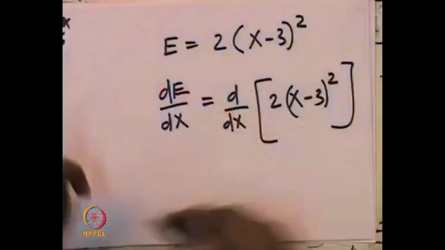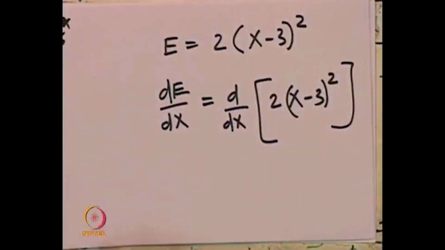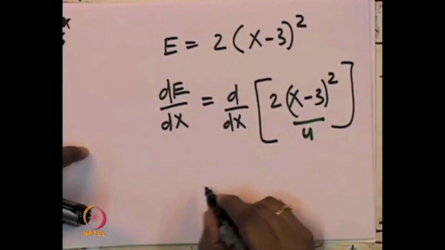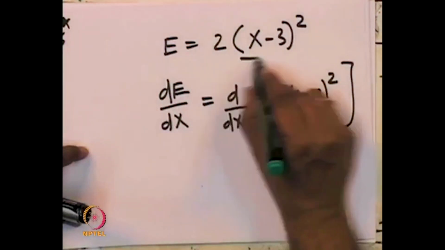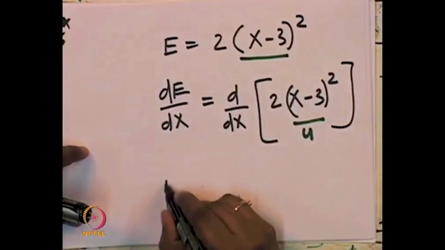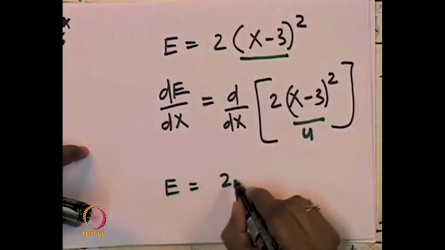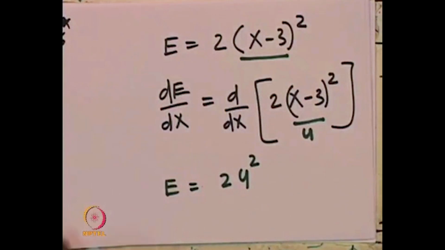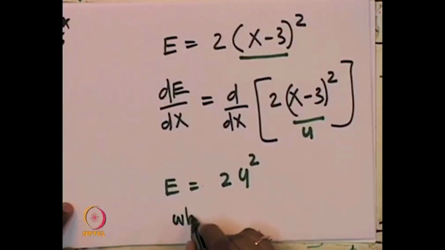The simplest idea to take the derivative of such a thing, if we don't know this particular form, is to make it into a form that we know. So let us look at this again. If you take this x minus 3 as some u, the energy will end up as 2u square, where u is x minus 3.